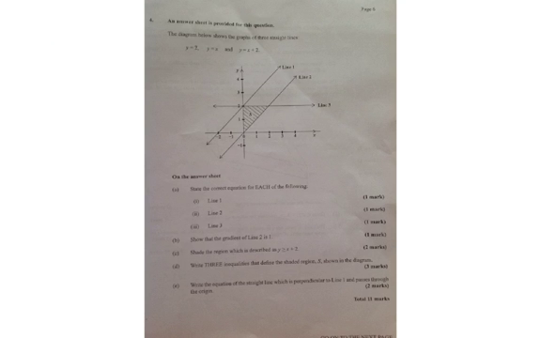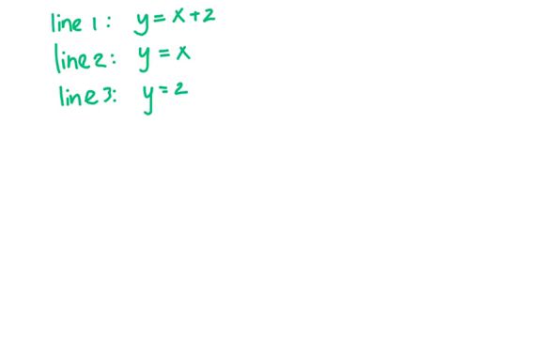Part B says, show that the gradient of line 2 is 1. Remember, line 2 is y is equal to x. Now you can do this 2 ways. You can look at line 2, y is equal to x, and remember that a linear equation is always of the form y is equal to ax plus b, where a represents the gradient and b represents the y-intercept.